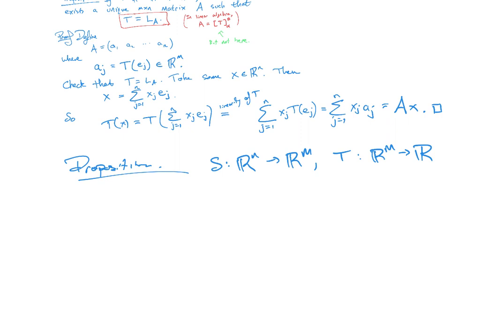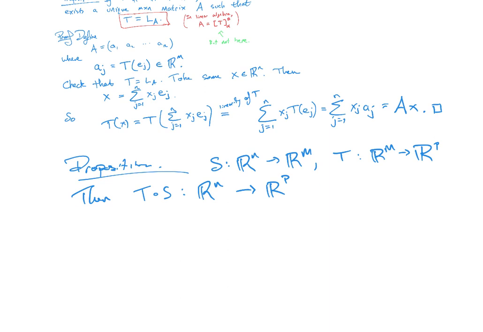Definitely can't use O, so we skip O and go to P. Then we could do S first and then T. This would be a map from Rn to Rp.